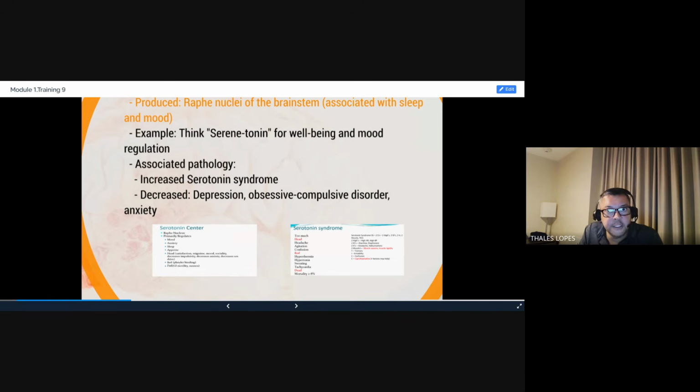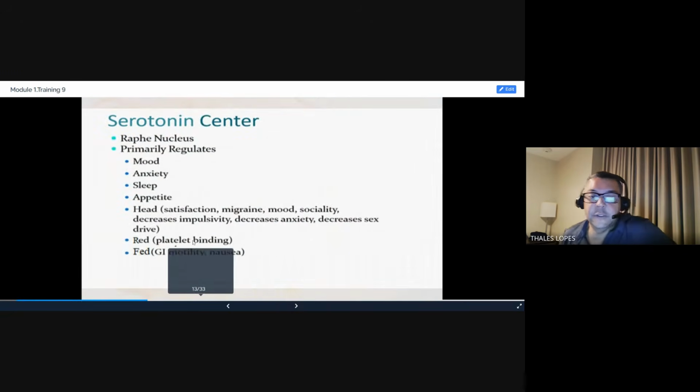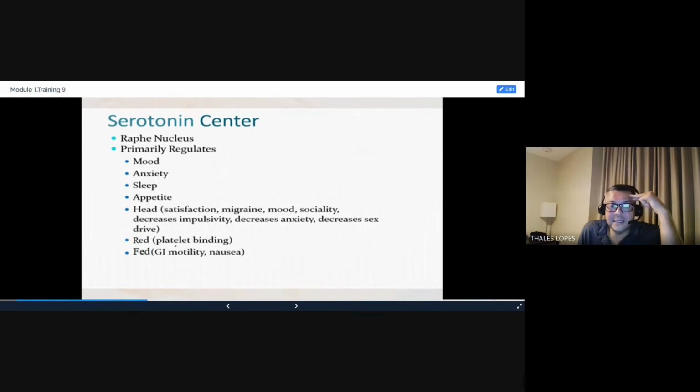Have you noticed that depression, obsessive compulsive disorder, and anxiety are all treated by SSRIs? Same medication, just different dosing. So when we look at serotonin, we think of Raphe nuclei, mood, anxiety, sleep. Serotonin has a lot to do with sleep.